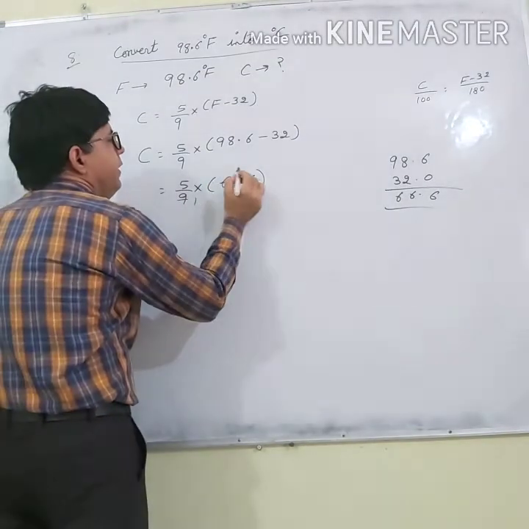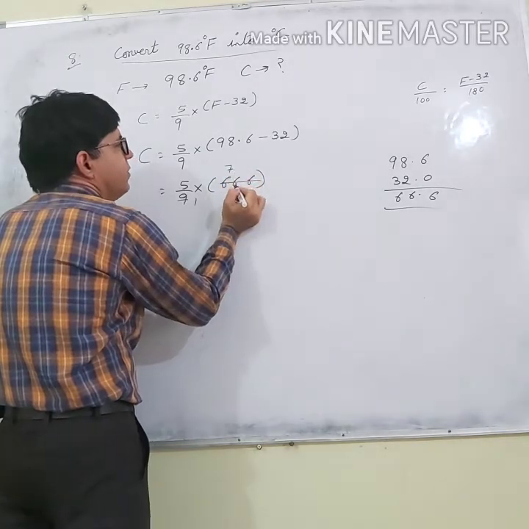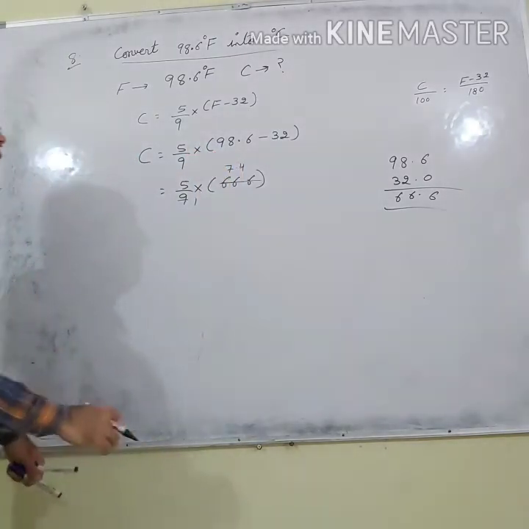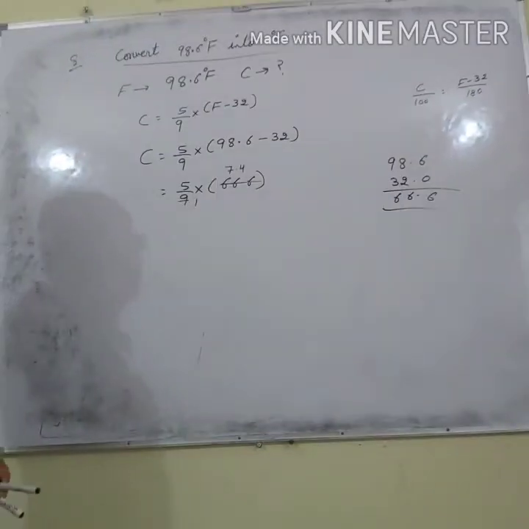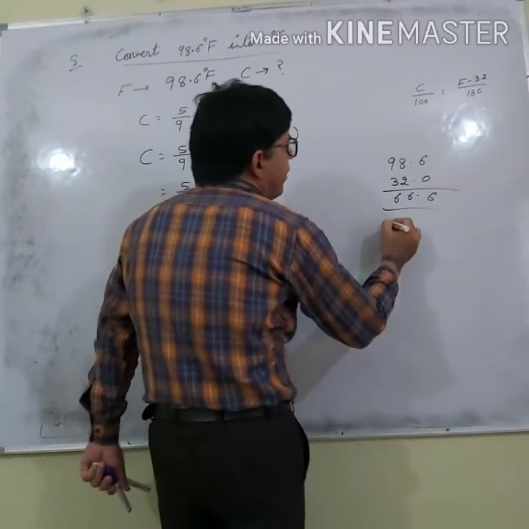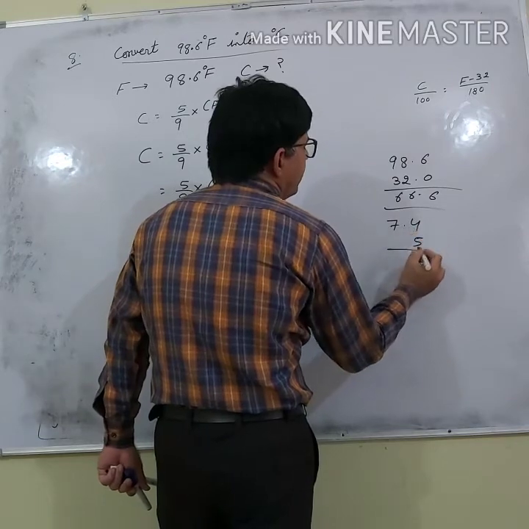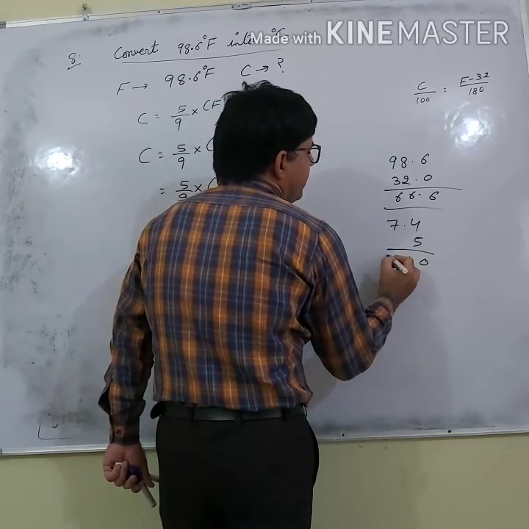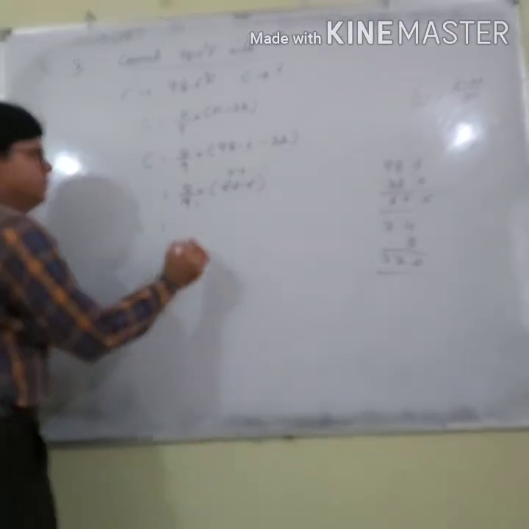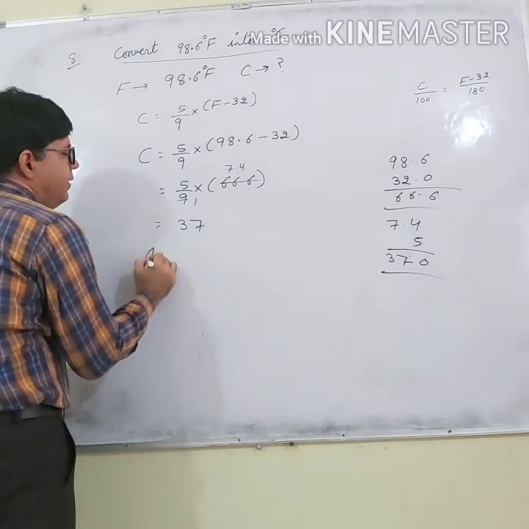9 ones are 9, 9 sevens are 63, and 9 fours are 36. 7.4. Can you multiply 7.4 with 5? 5 4s are 20, 5 7s are 35 plus 2, 37. Right? So this is 37. So what does it mean?